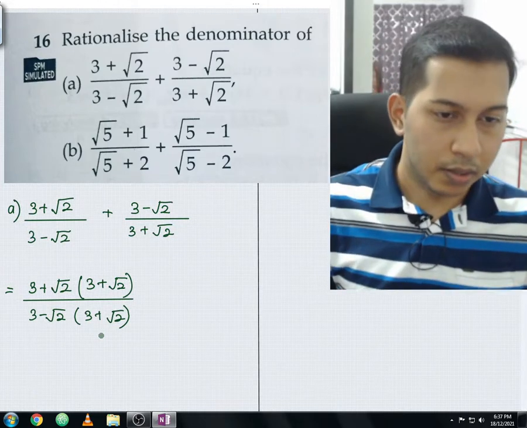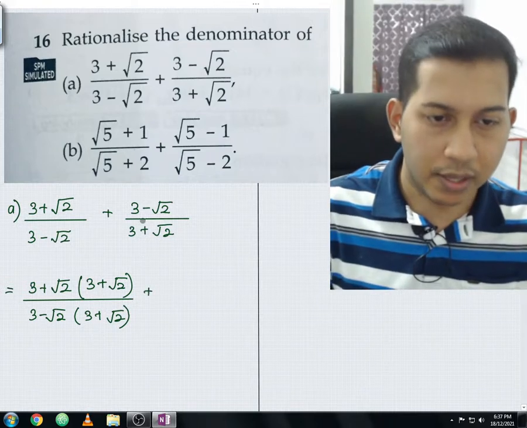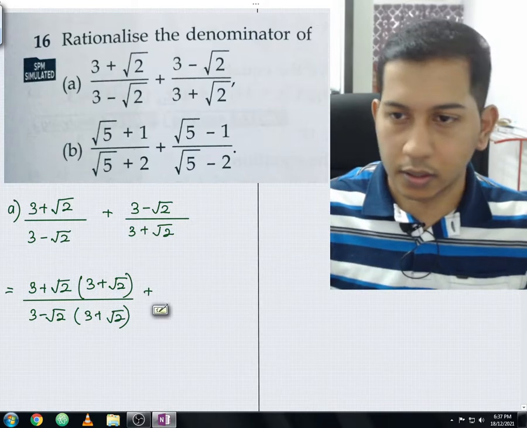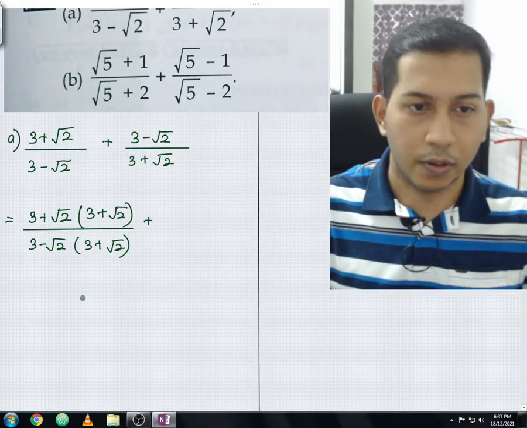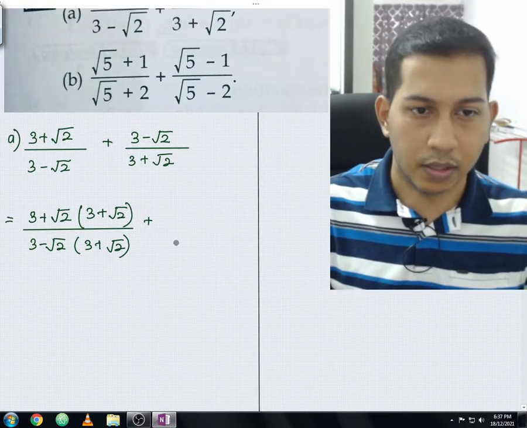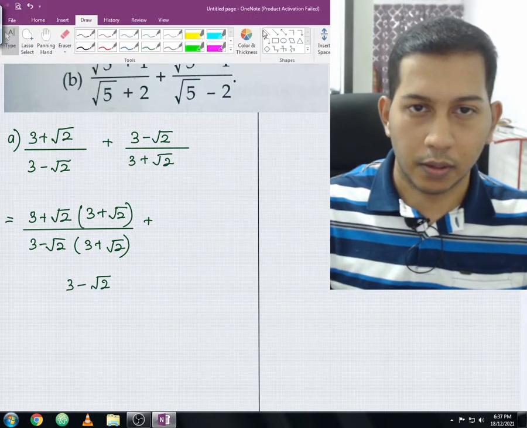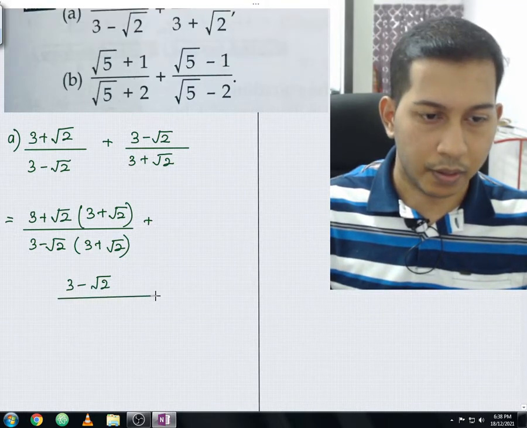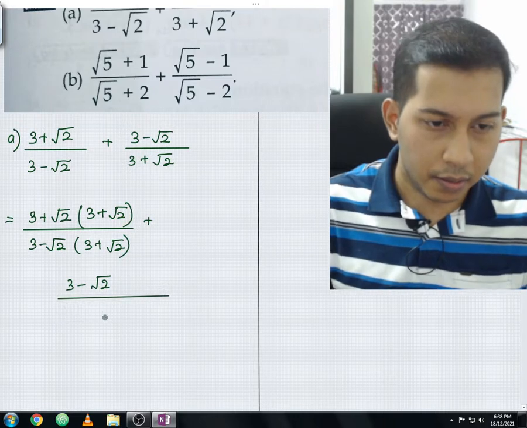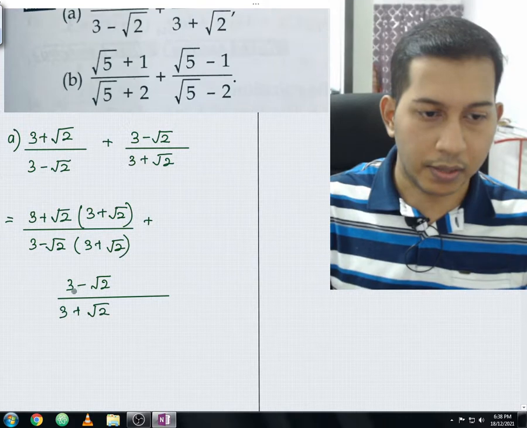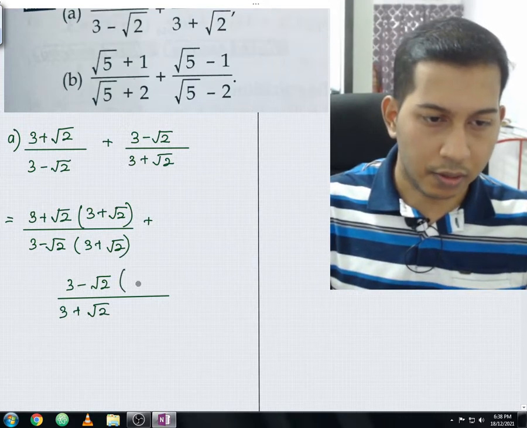Similar step for the second fraction. Let me continue over here since I don't have enough space. So (3 − √2) divided by (3 + √2). This (3 − √2), you multiply with (3 − √2).